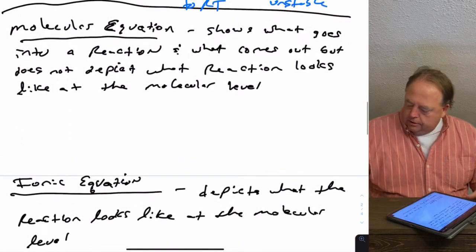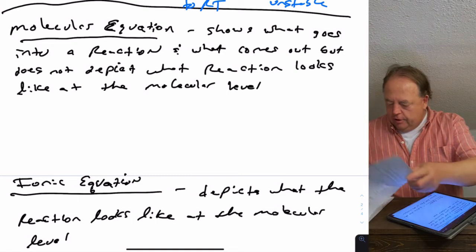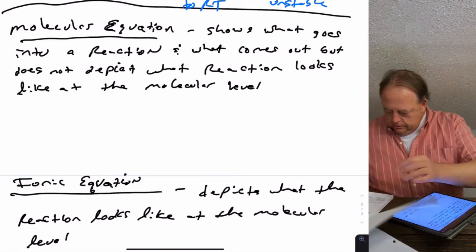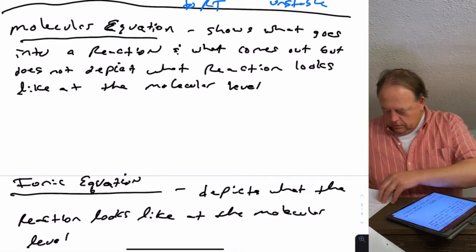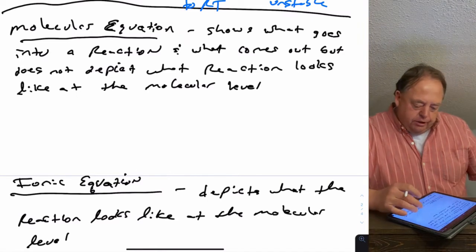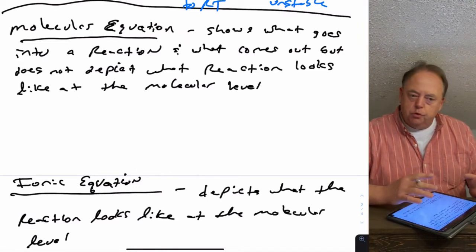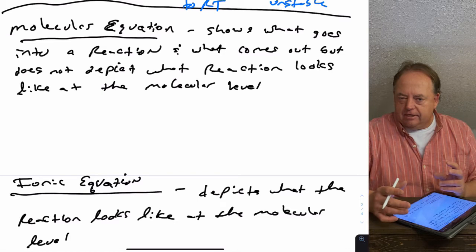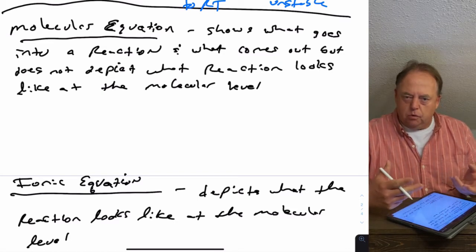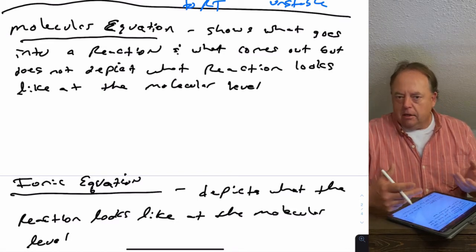Okay, so moving on to molecular equation and ionic equation. A molecular equation just shows what goes into a reaction and what comes out of a reaction, but doesn't try to depict what the actual solution looks like at the molecular level.